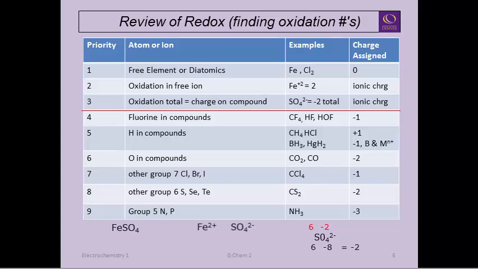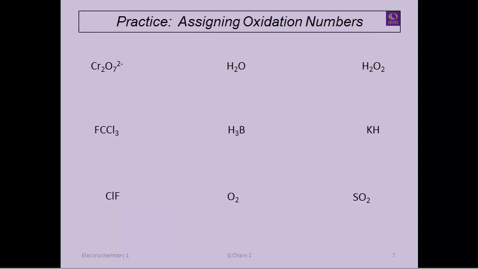Because that will indicate whether there's redox that we can either harvest for a battery or, as we've talked about with the other examples. Print out these rules, or you might want to flip back, but here's a lot of chances for you to practice. Let's assign oxidation numbers to every element within every compound that's listed here. Stop the video, put down all your answers, and when you're ready to check your answers, you can restart the video.